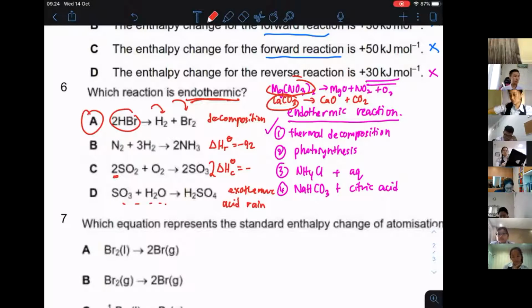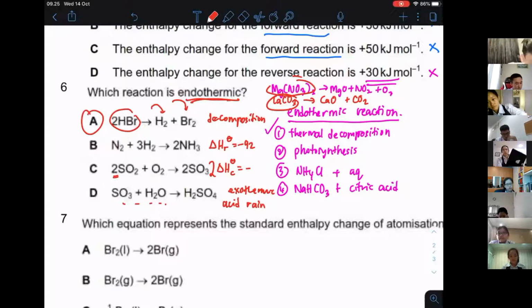So can we use that concept? Yes, but not to identify whether they are exothermic or endothermic without the data. I hope it answers your question, Josh. Without data, you cannot determine that.